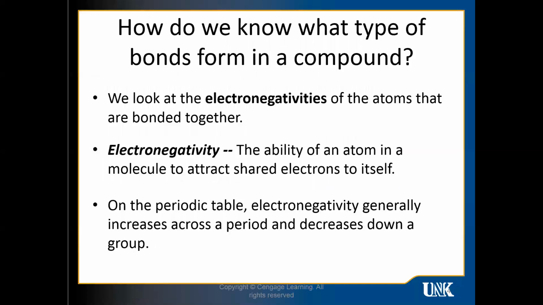Well, it turns out the key property is a combination of two properties we talked about in the first workshop. In the first workshop, we talked about some atomic properties that vary rather consistently according to position in the periodic table. We talked about ionization energy. We talked about electron affinity.